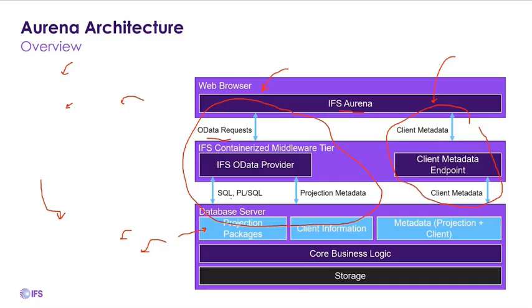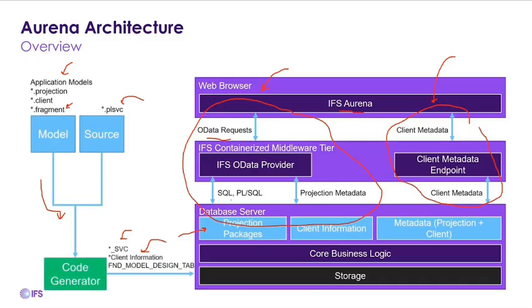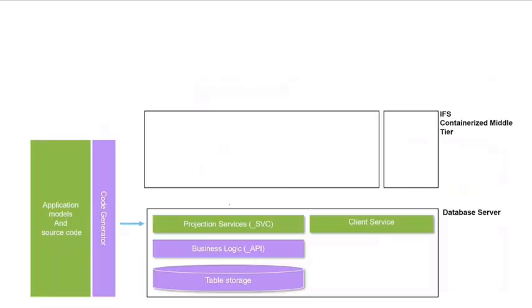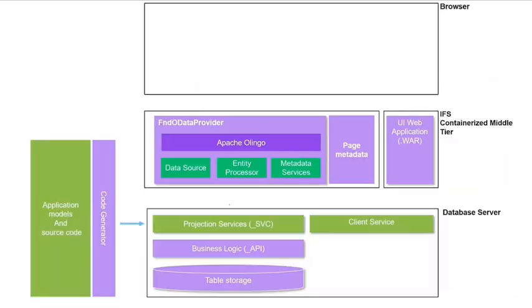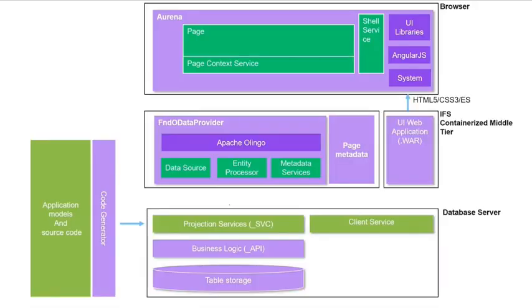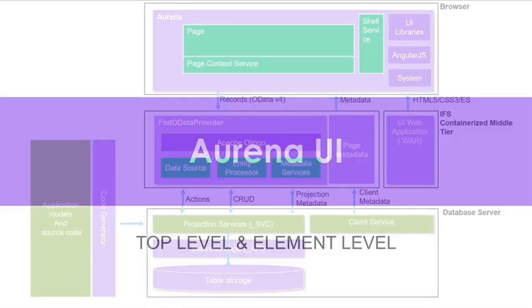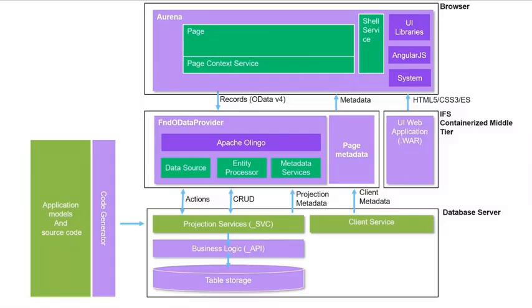Right? Okay, so if I move to the next part, it's also kind of an overview. What we have already discussed is also explained here. So same scenario, right? We have the application models and source code here.